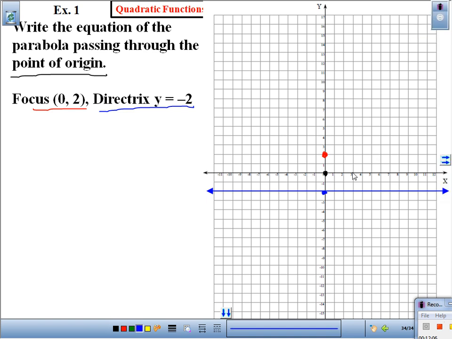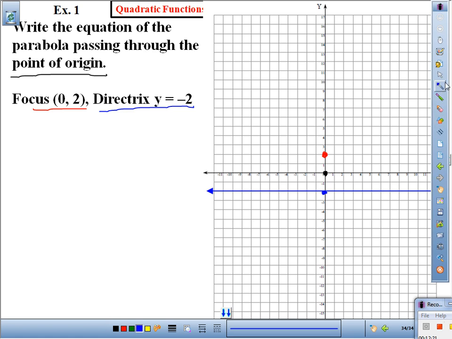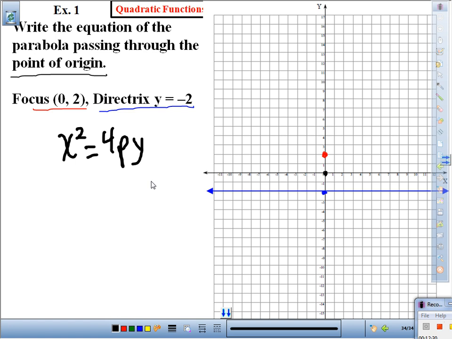Does that look very familiar to what we did last week with the setup of the sketch? So which way is the parabola going to open? It's opening up, so it's a vertical, yes? Right away, we can identify it's a vertical parabola, which means which equation am I going to use, everyone? x squared equals 4py. Write that in there.